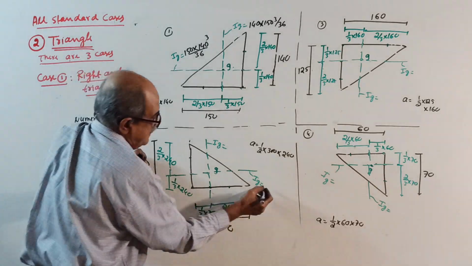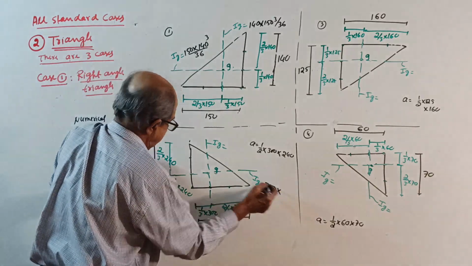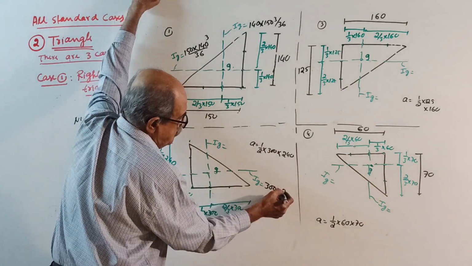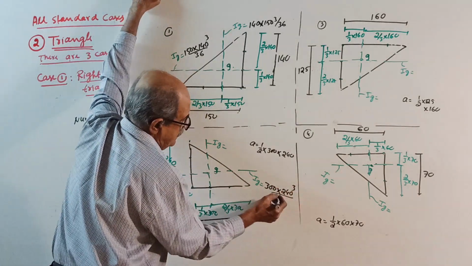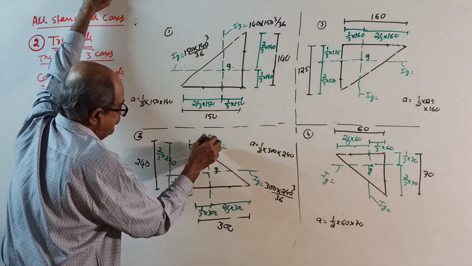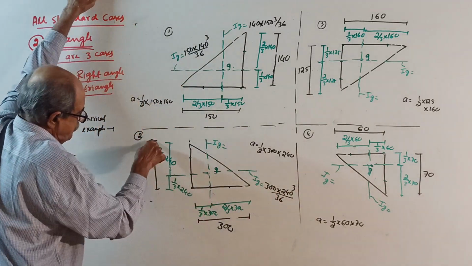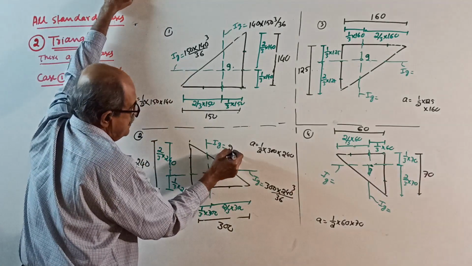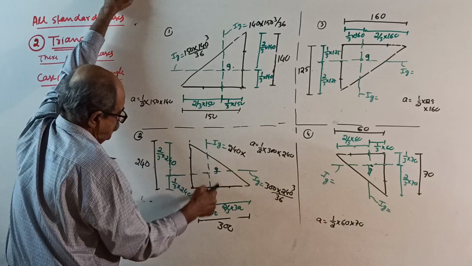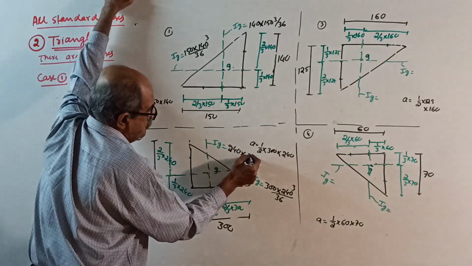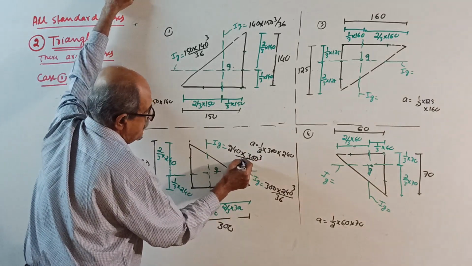For this IG, parallel is 300: 300 into 240 cube by 36. For this IG, parallel is 240: 240 into 300 cube by 36.